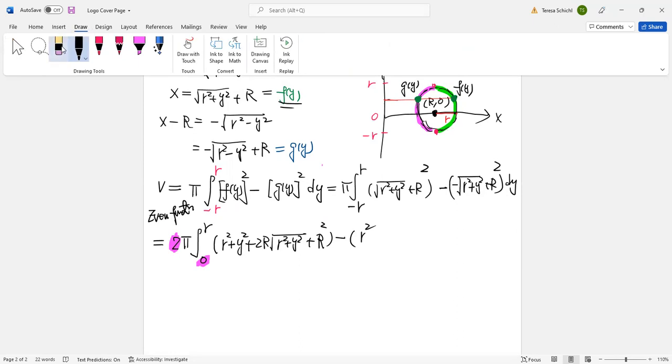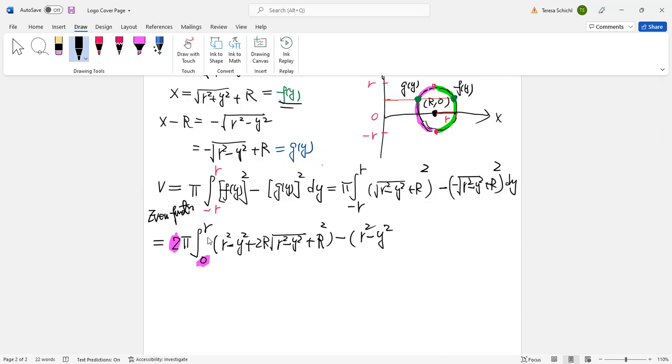So here this is minus, minus. I need to be careful with that. So this will be r squared minus y squared, and this one is also r squared minus y squared.